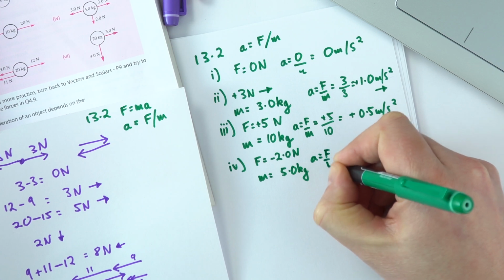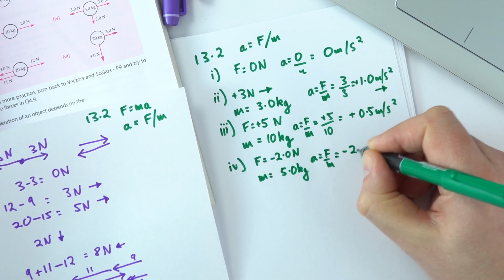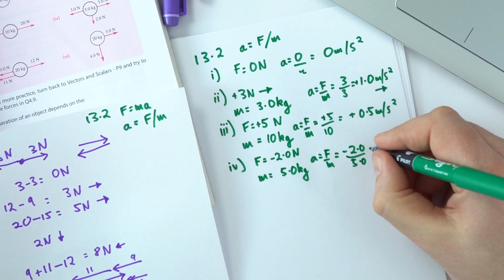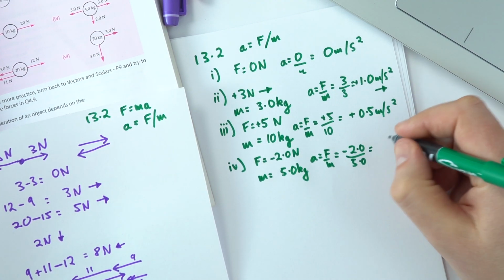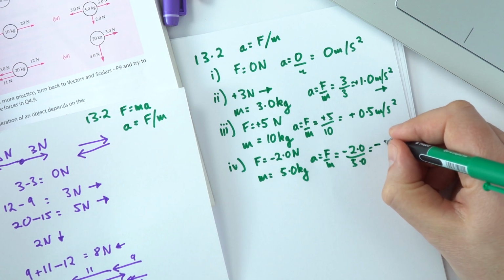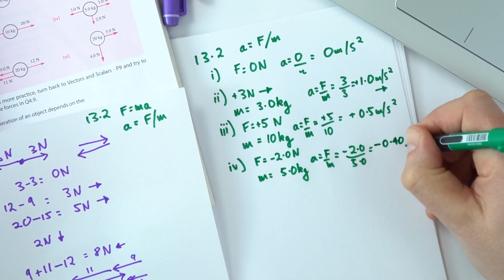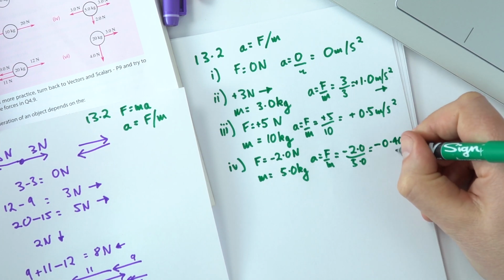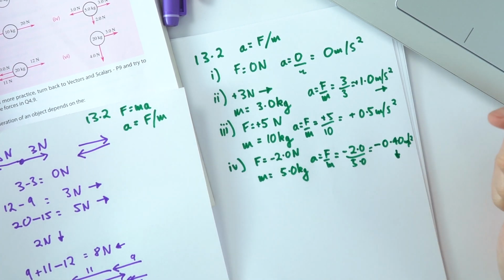Acceleration is force over mass, so minus 2 over 5. So 2/5 is equal to 0.40. And I'm going to say this is minus 0.40 meters per second squared, because that's going in the downwards direction.